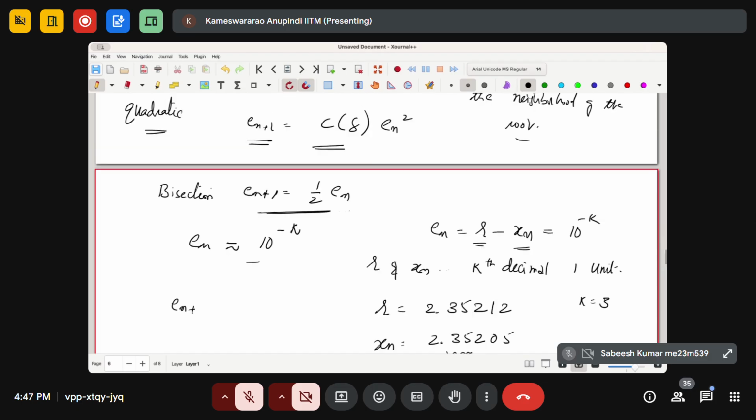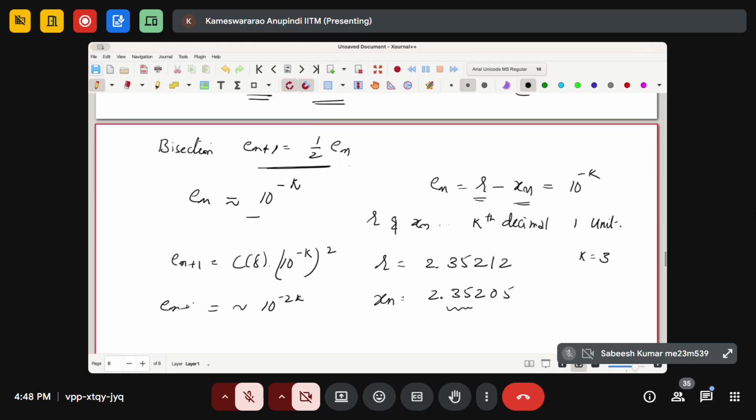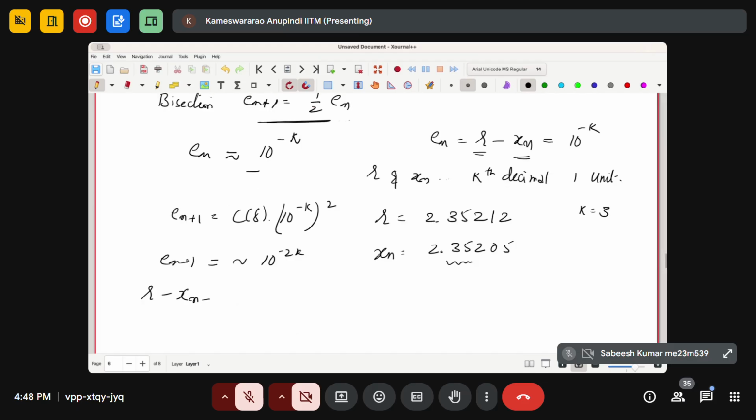If this is the case, what would be the error I get if I solve this using Newton's method in the next iteration? That is going to be en square, as c delta is less than 1. So c delta times en square is going to be 10 to the power minus k, squared. That means it's going to be of the order of 10 to the minus 2k. That means en plus 1, by definition r minus xn plus 1, means my new xn plus 1 is going to match r for 2k digits, and then only differ in the 2k plus 1th digit.